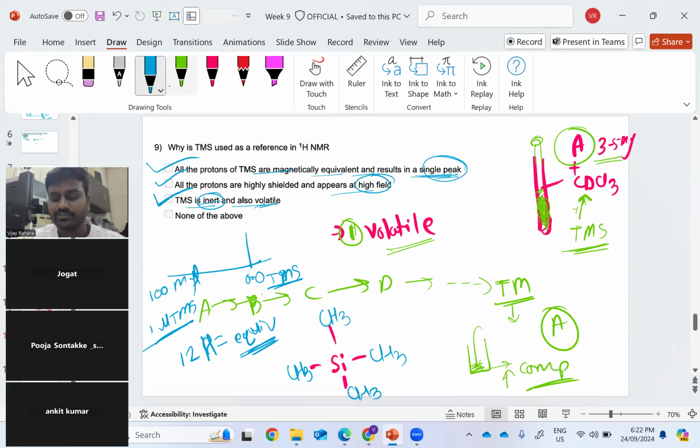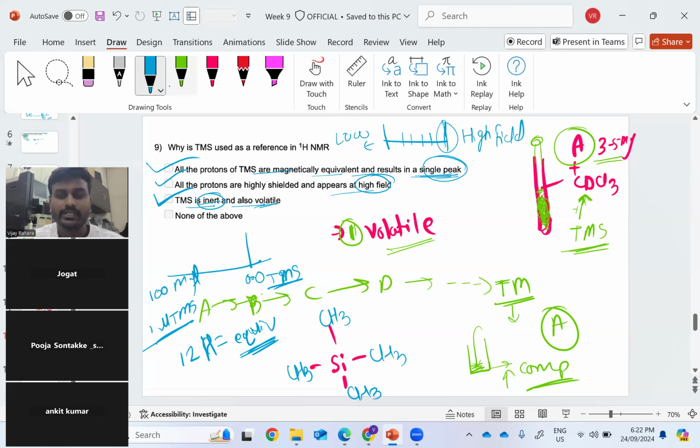As we saw when you started the 1H NMR spectra, this region of the spectrum we call high field, and this kind of signal is low field. So the TMS appears at very high field, and whatever the signals of our compounds, they appear in between in this range.